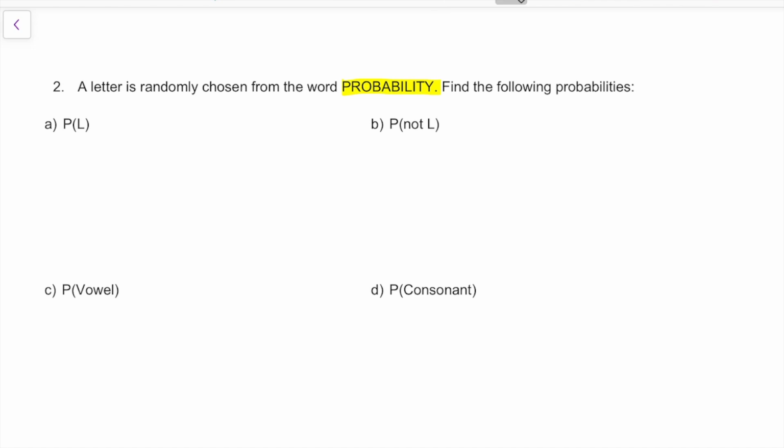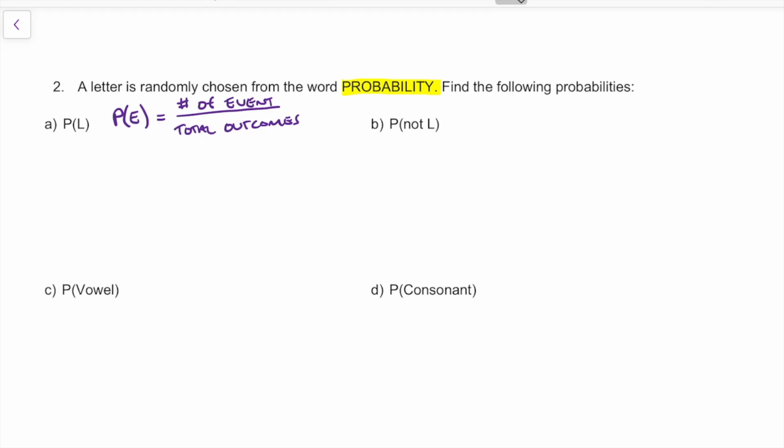So for the first one, the probability of an L. I'm going to start exactly how I started before. I'm going to use event instead of outcome, just to keep it separate from what we did before.